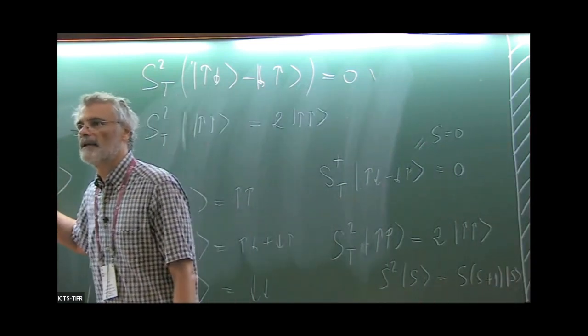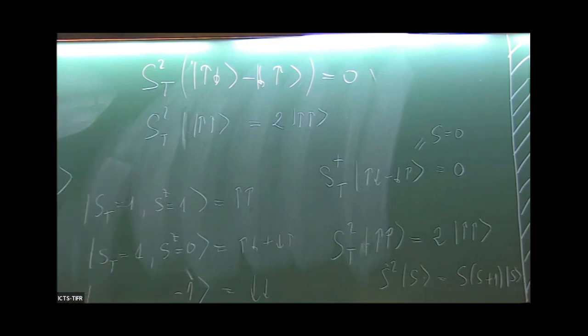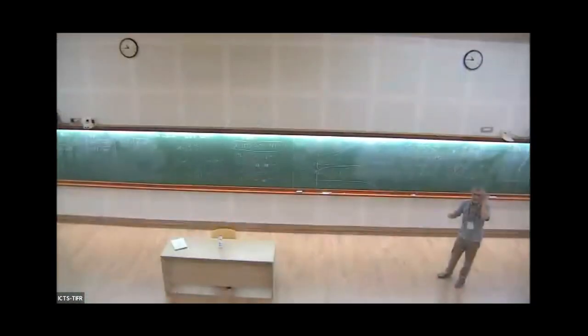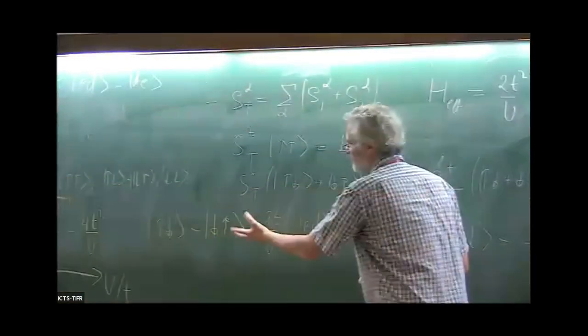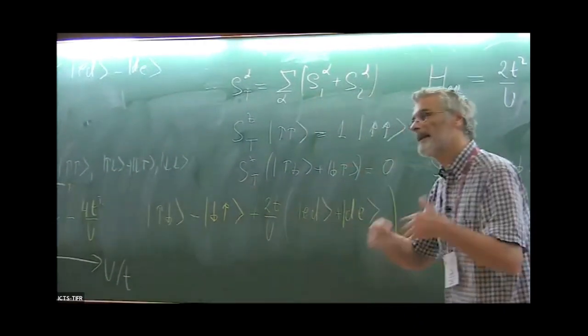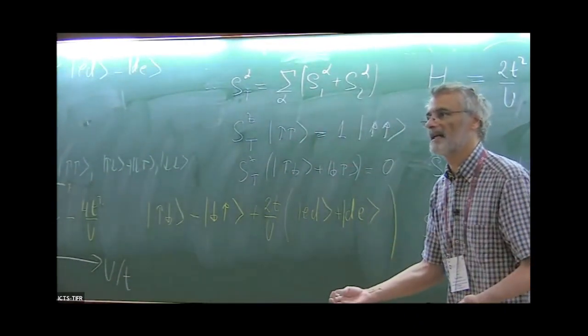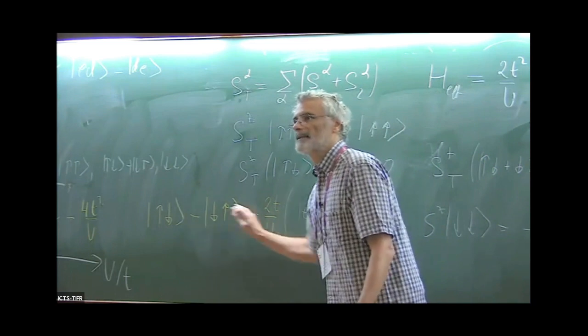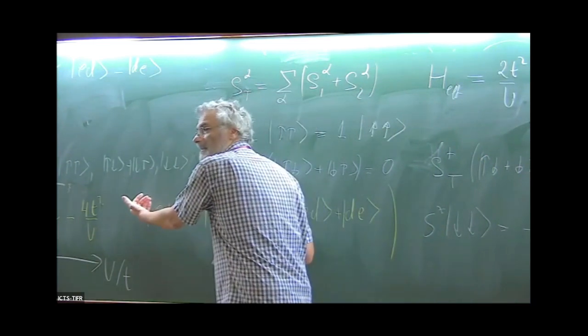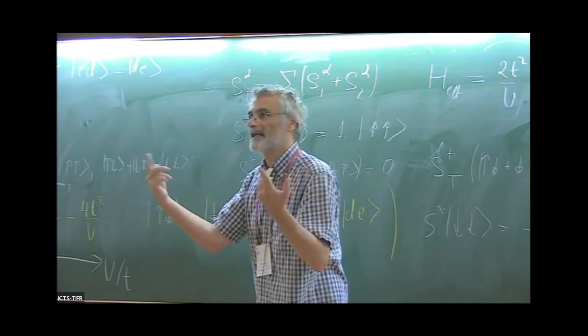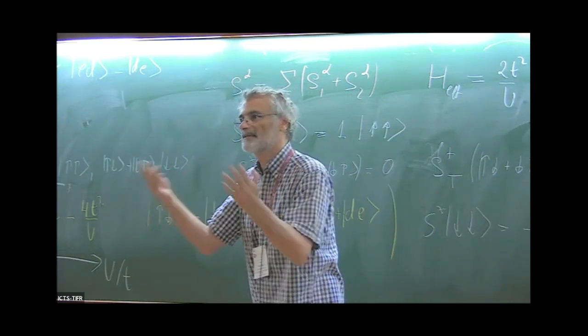Yes? It's charge fluctuation because we can ask what is the expectation value of the charge in this wave function. The expectation value of the charge will be just 1. There is only one on every side, altogether we have 2 charges on 2 sides.